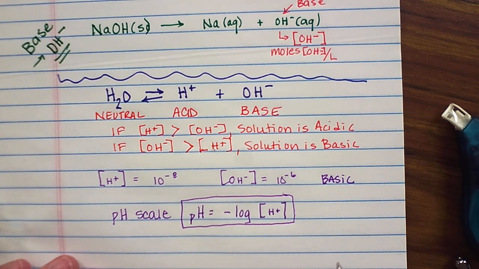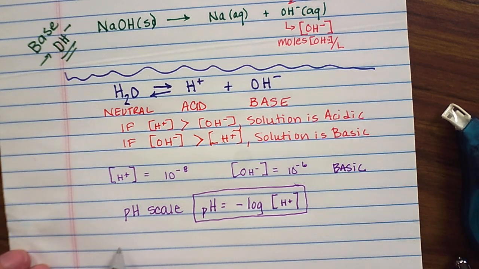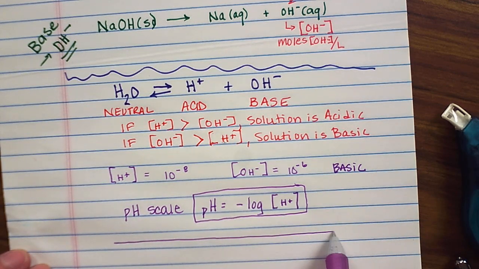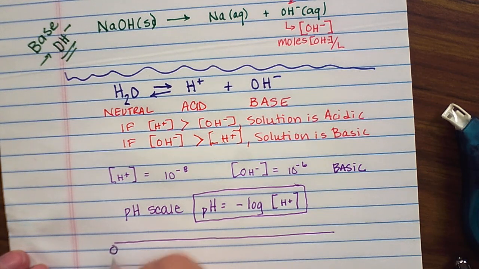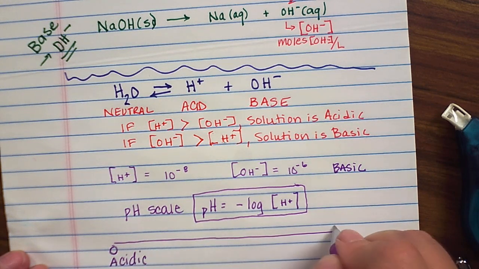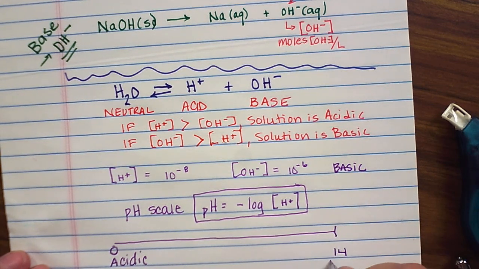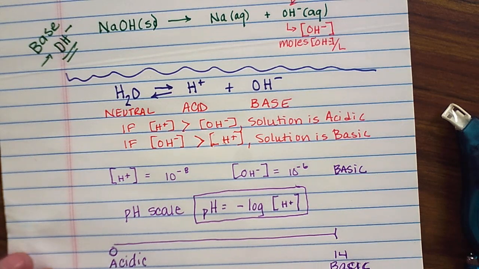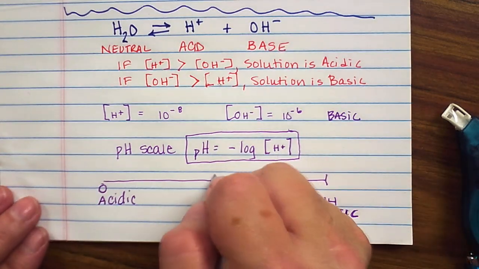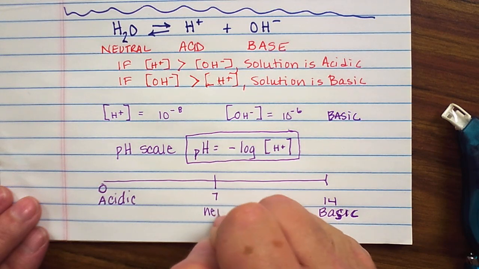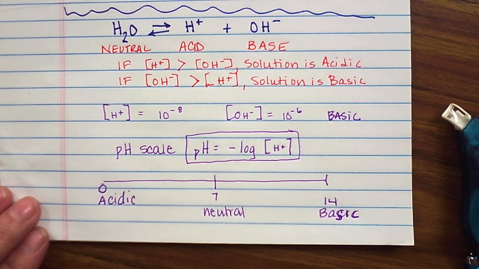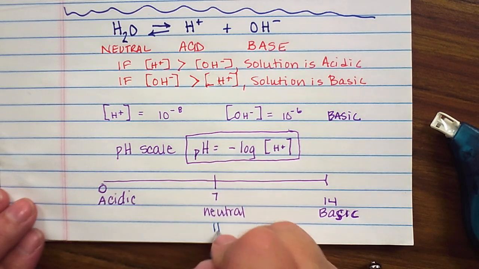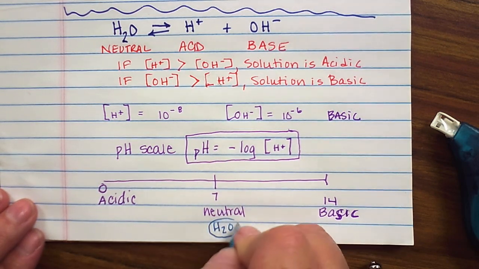And the pH scale runs from 0, which is acidic, to 14, which is basic. And I always think, how am I going to remember that? Well, it's in alphabetical order, A to B, right? And in between is 7, which is neutral, because it's halfway between, and this is water, right? Water is neutral at 7.